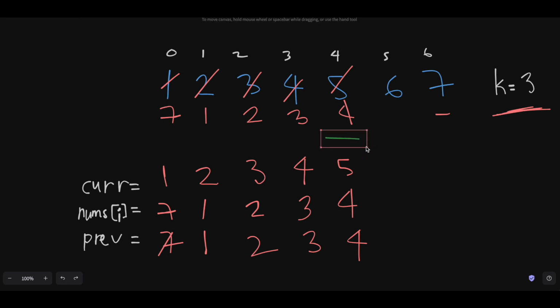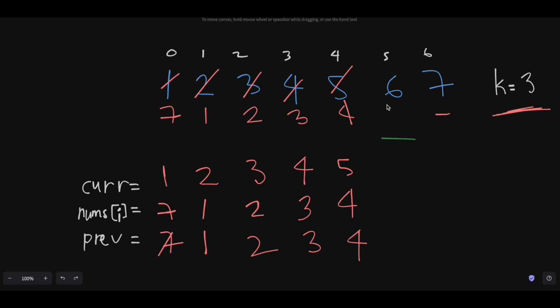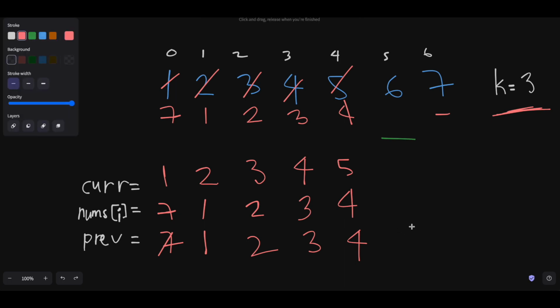We move along over here and we say, okay, once again, we remember the previous number, which was a 5. Here, this is a 6. We're going to put in our current position whatever is the previous number, which is a 5. Let's update 5.